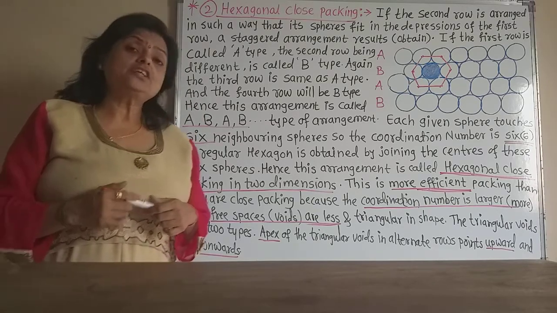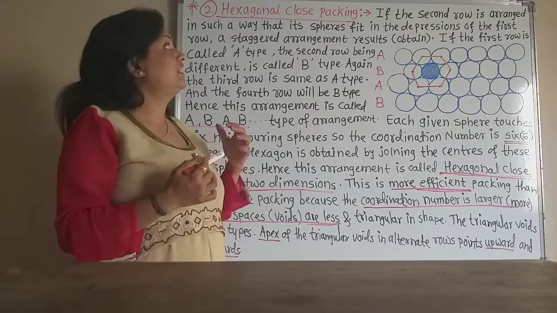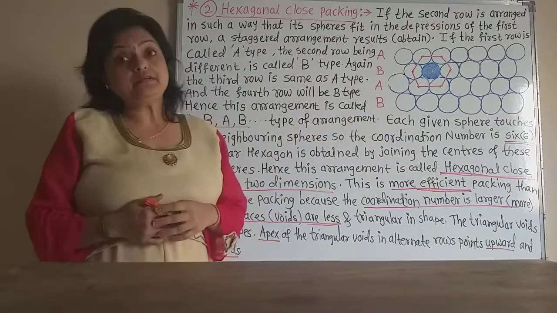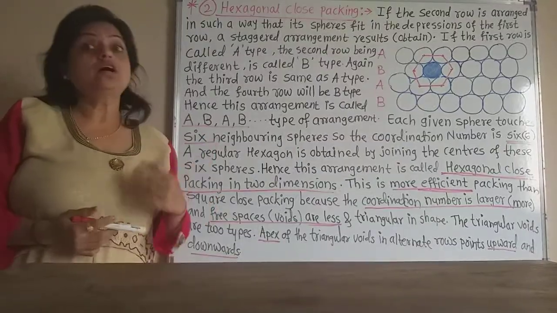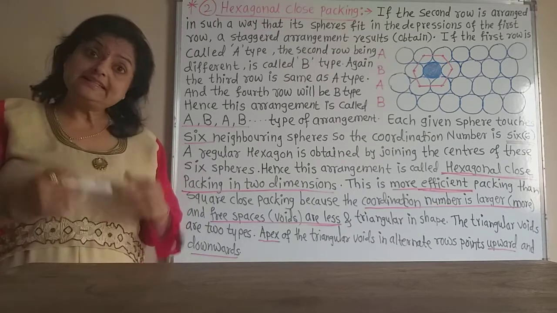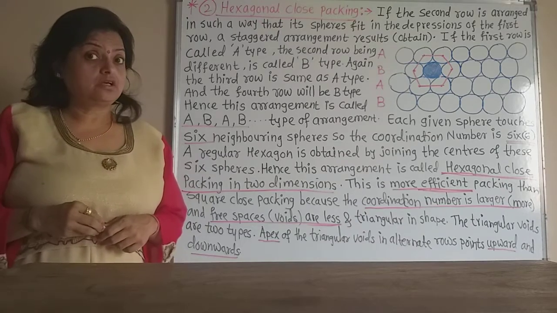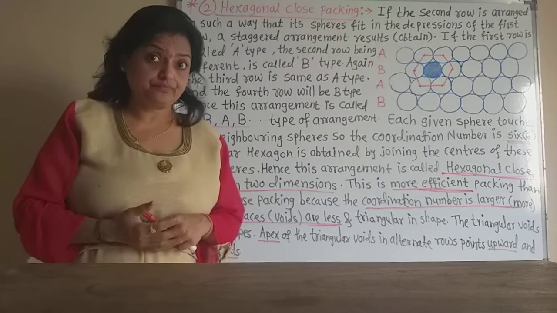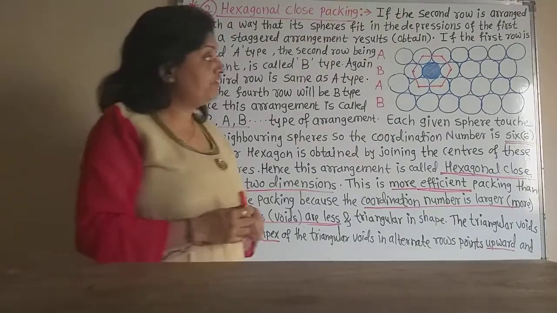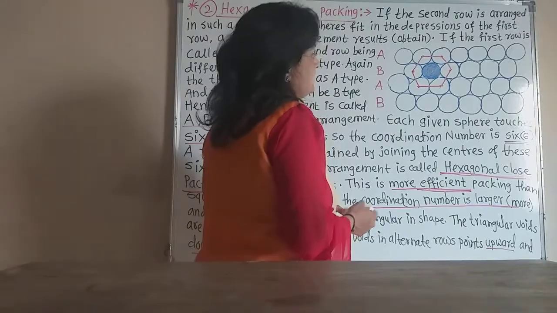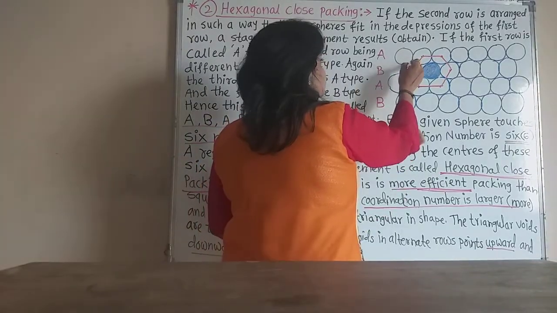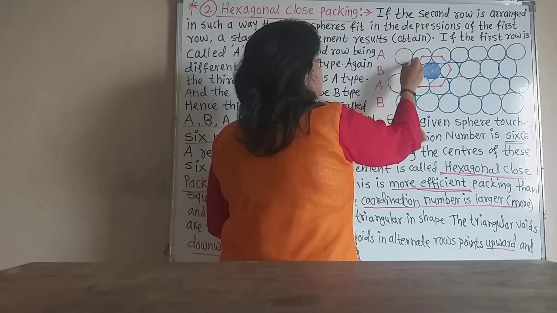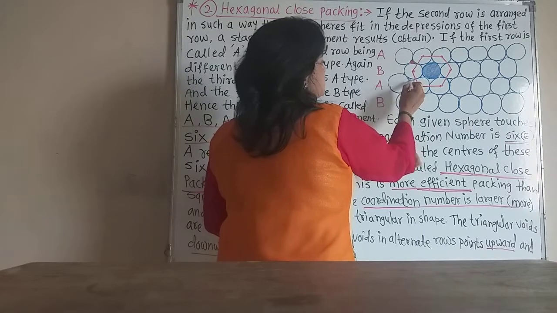Again, in the square close packing, which we learned, the voids or the free spaces are in a square shape. But here, if we see these free spaces, this is a free space, this is also a free space, so many here.